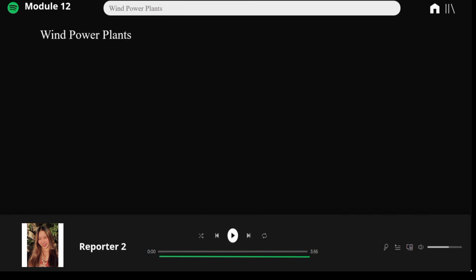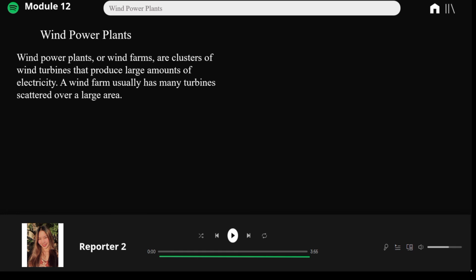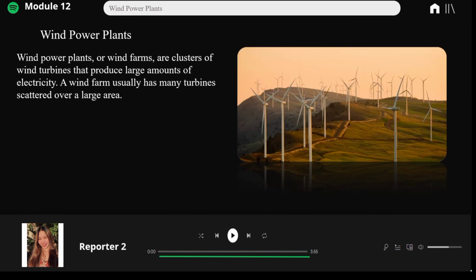Next is wind power plants. Wind power plants or wind farms are clusters of wind turbines that produce large amounts of electricity. A wind farm usually has many turbines scattered over a large area.